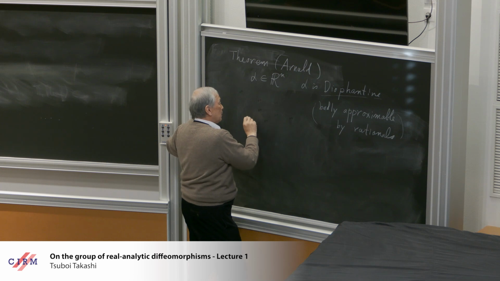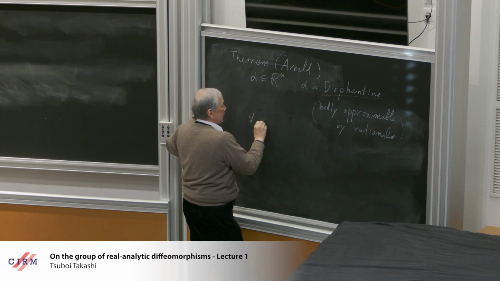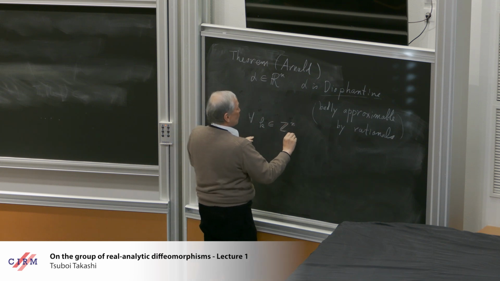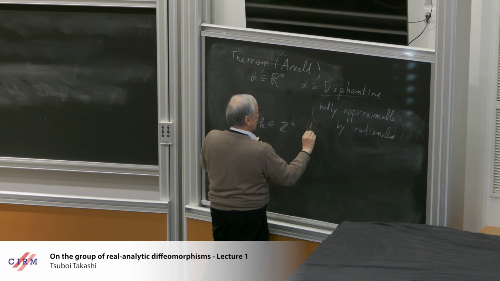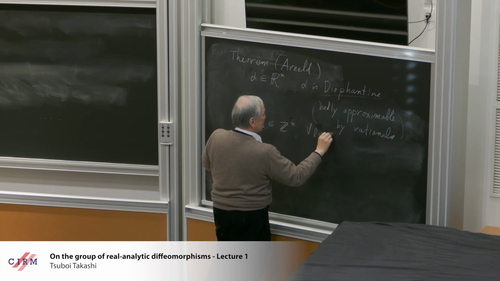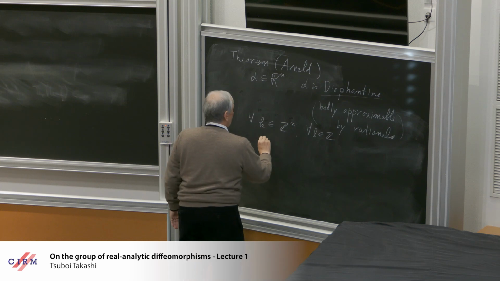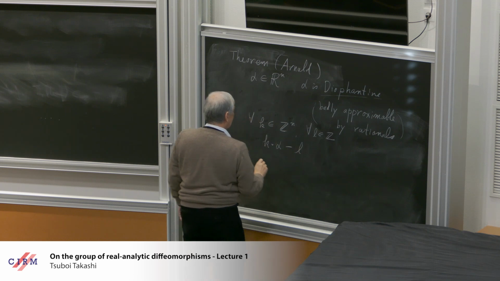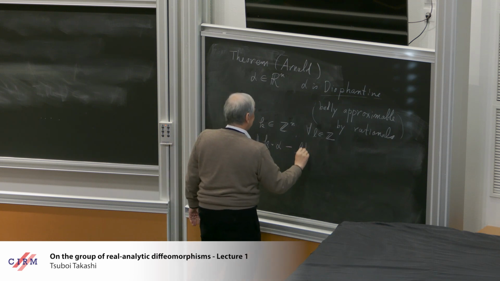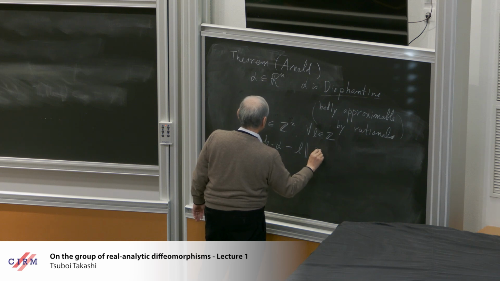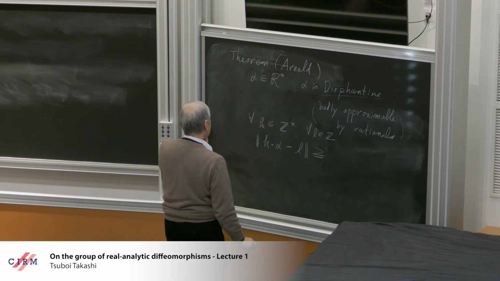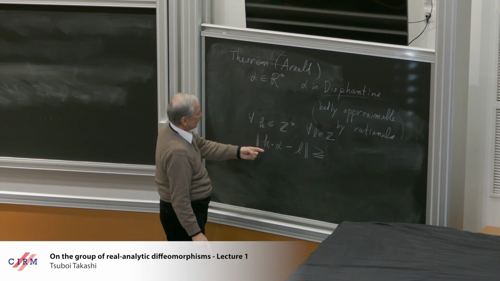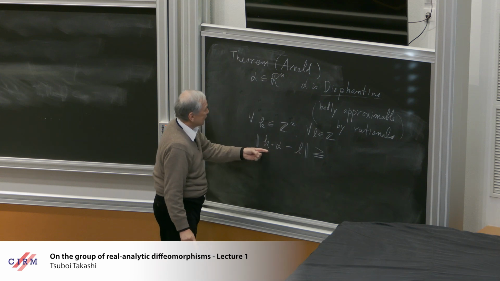So for any k of Z^n, any l of Z, k dot alpha minus l, if it is very small, it is approximated.